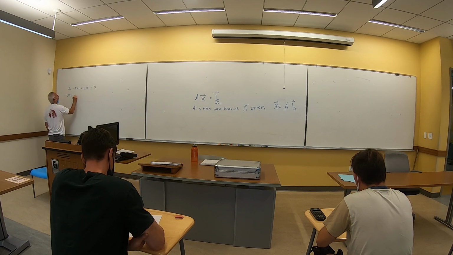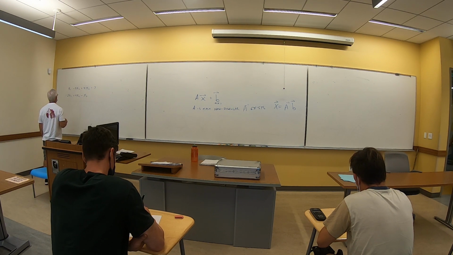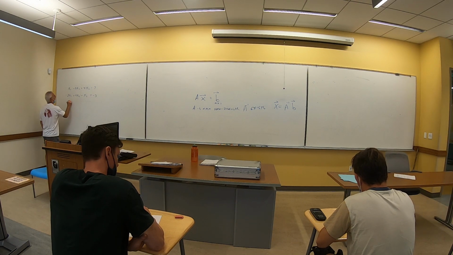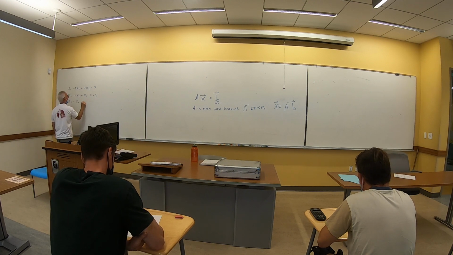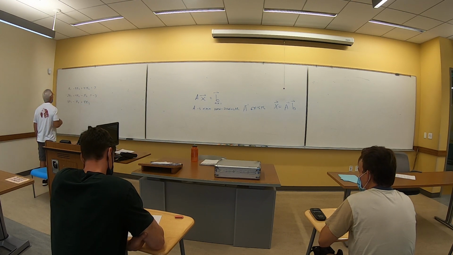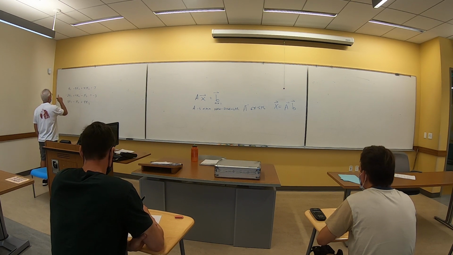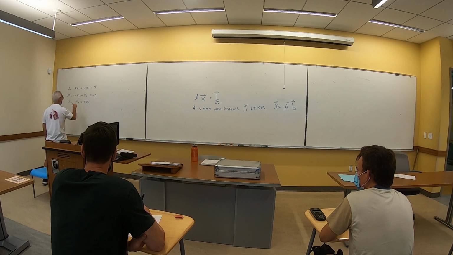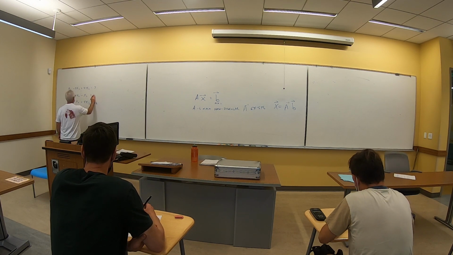Negative 2x2 plus, how about 4, x1 plus 4x2 minus x3 equals negative 3, and 3x1 minus x2 plus 5x3, again. Oh, I gotta tweak this one.